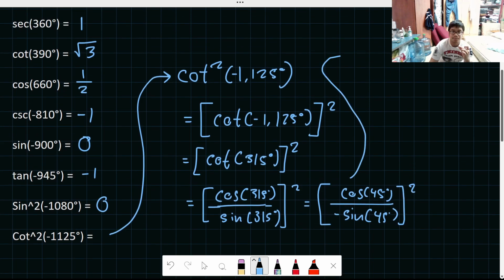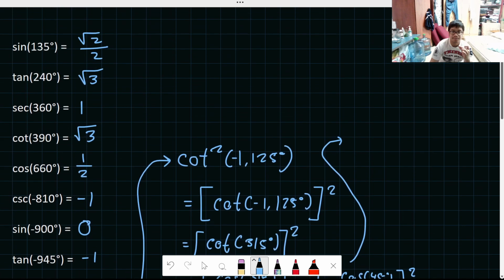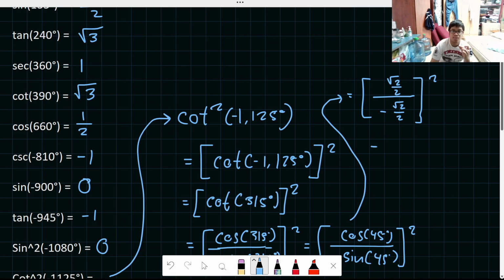So let's write it here. Cosine of 45 degrees is square root of 2 all over 2, and sine of 45 degrees is square root of 2 all over 2. But don't forget the negative sign. Since both the numerator and denominator are the same, dividing them will give you 1.